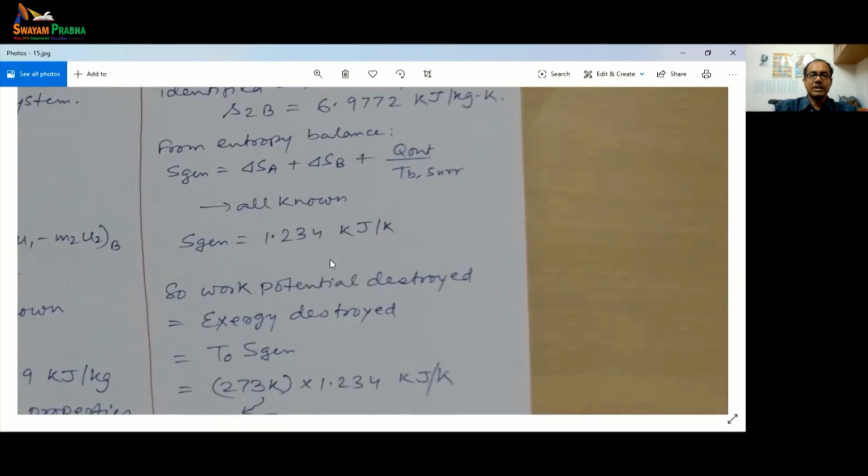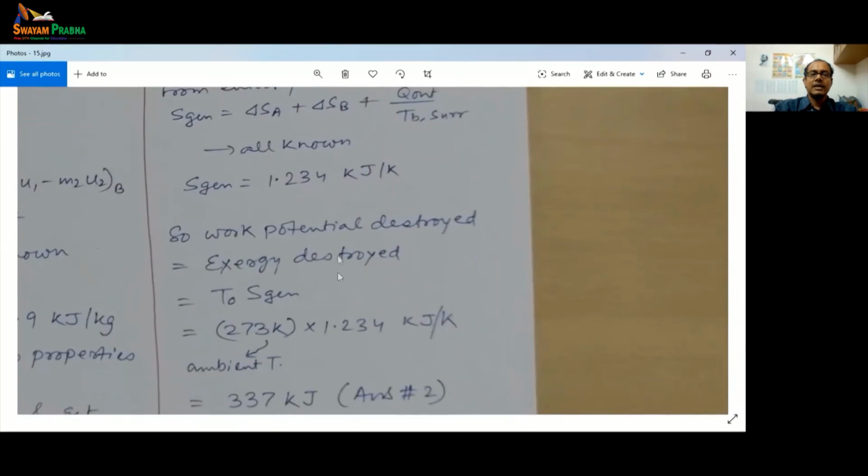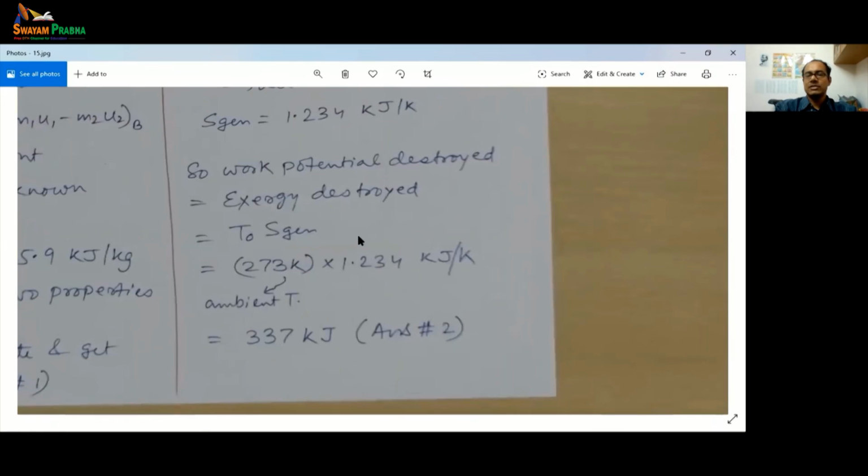So you can find S gen, and then exergy destroyed is simple: T naught times S gen. T naught is given, ambient is 0 degree centigrade, so 273 Kelvin, and that is 337 kilojoule. That's the exergy destroyed, which means the work potential destroyed.